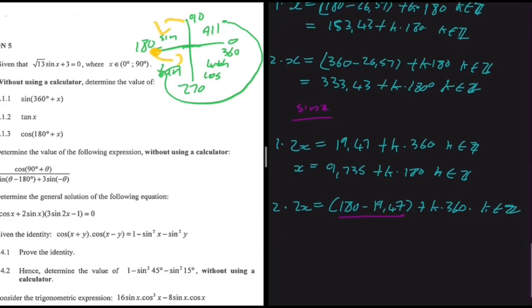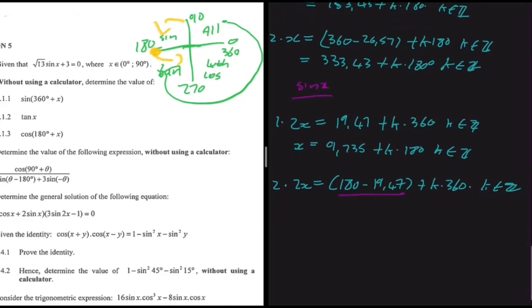So we have 180 minus 19.47 divided by 2, which gives me 80.265 plus k times 360 divided by 2, that's 180. And we know that k is an element of some integer.